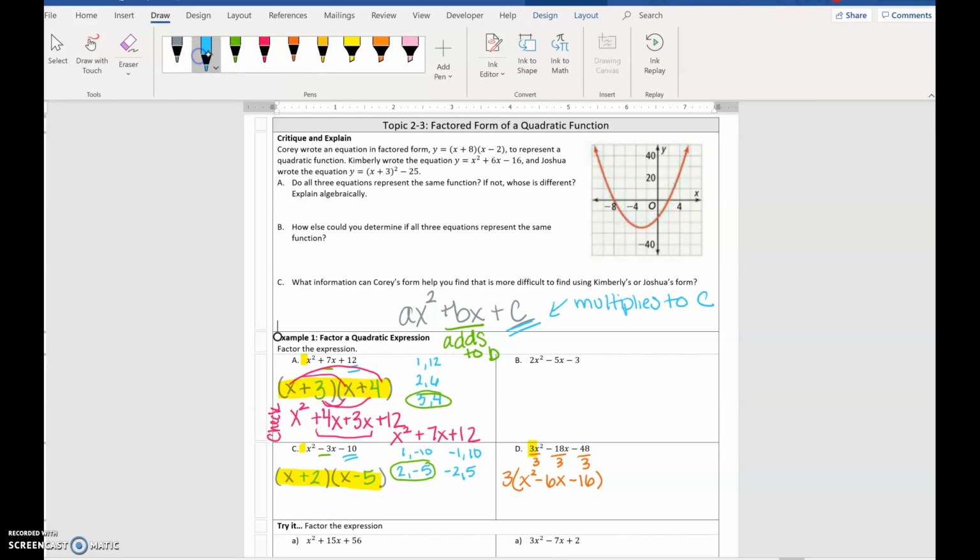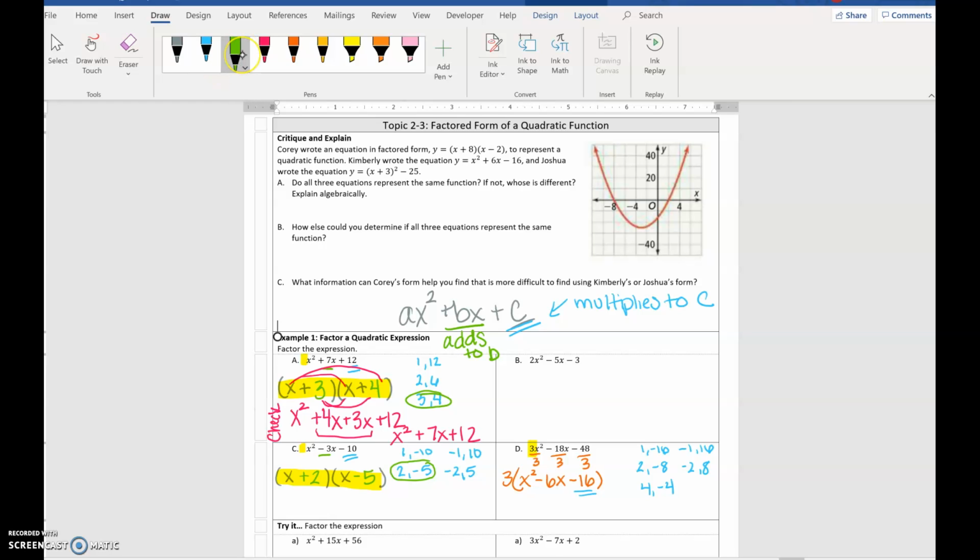Again, we're looking for what multiplies to negative 16. We could have 1 and negative 16, negative 1 and 16, 2 and negative 8, negative 2 and positive 8, 4 and negative 4, and that would be it.